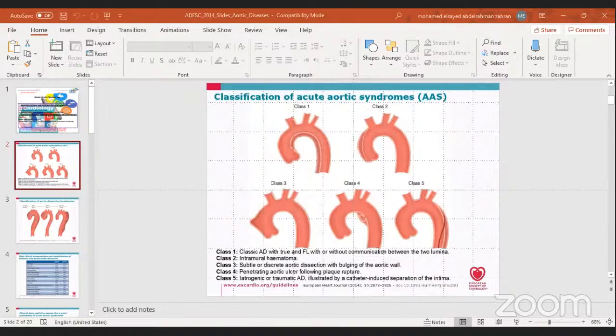Let me ask you a clinical, practical question about the coincidence of acute coronary syndrome in the setting of acute aortic syndrome. How would you manage this patient, and how would you detect the presence of involvement of coronaries in this type of patient?